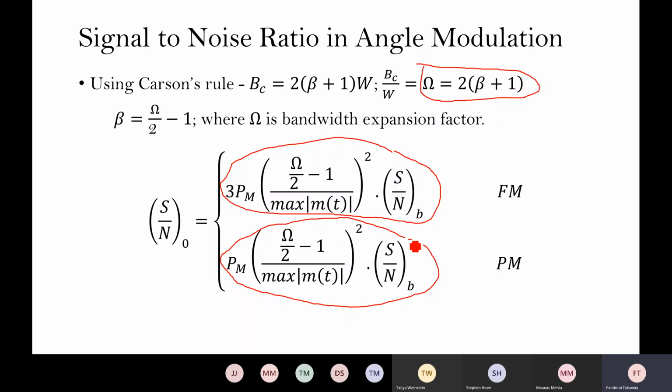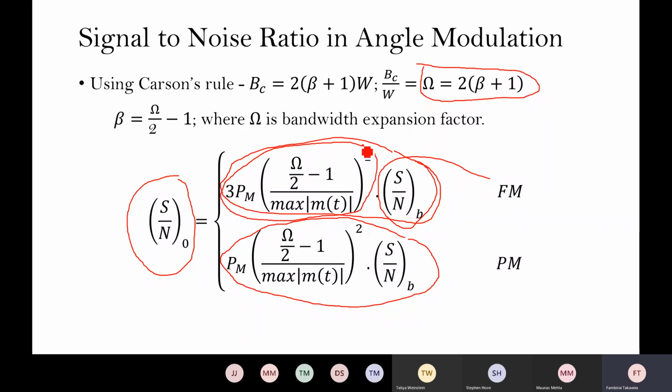Now notice that this is really not that different from what we saw for DSB full carrier. For DSB full carrier, we saw that the signal to noise ratio at the output is equal to the baseband signal to noise ratio multiplied by some value which we called eta.